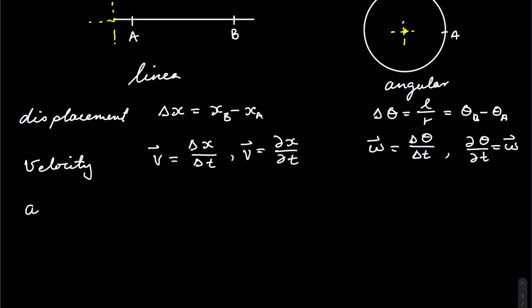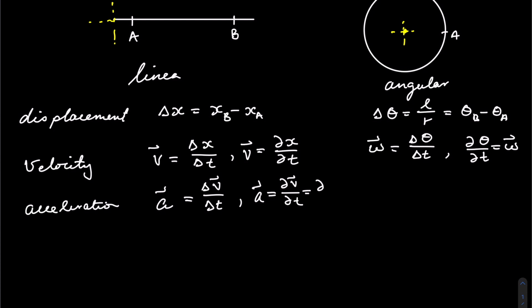Things get a little bit interesting when we get to acceleration. Now, acceleration for the straight line motion is basically the change in velocity over the change in time, or similarly, you can say acceleration is d squared x over dt squared.